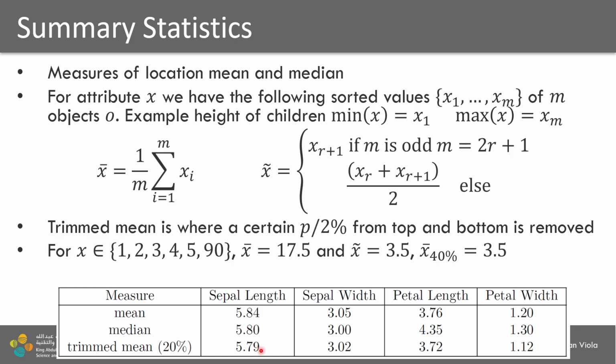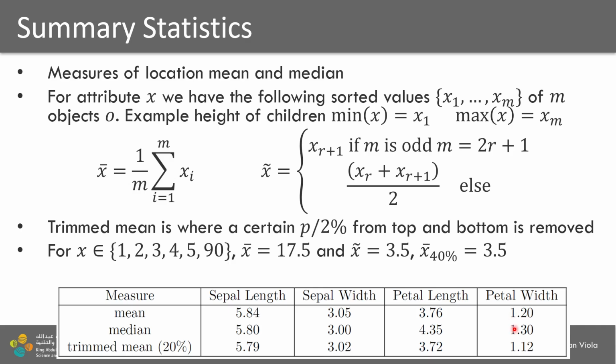But we can see that all these values are roughly similar. Then for the sepal width, it's also not very close. For the petal length, we can see that the median is quite different from the mean, and the trimmed mean is even smaller. It's not between these two. It's even smaller than the mean, which is interesting.